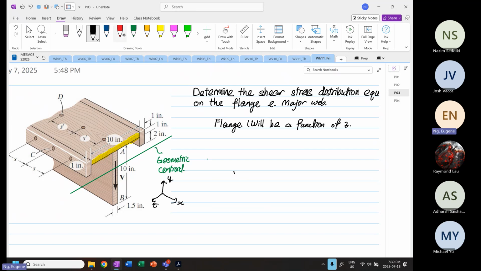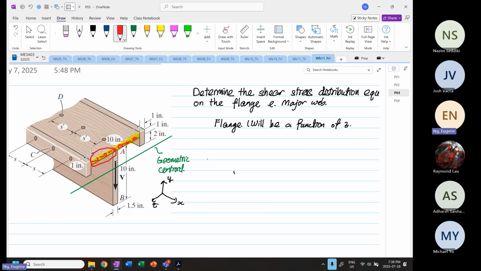Because we want to find, based on the shear flow, how the first moment of area increases from left to right and how it affects our shear flow. The bigger the first moment of area, the bigger the shear flow.